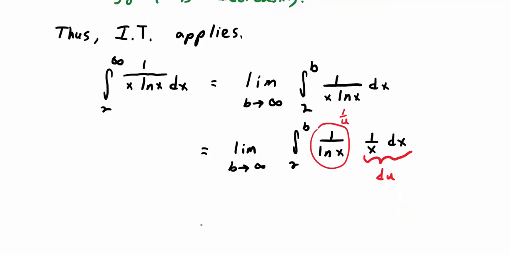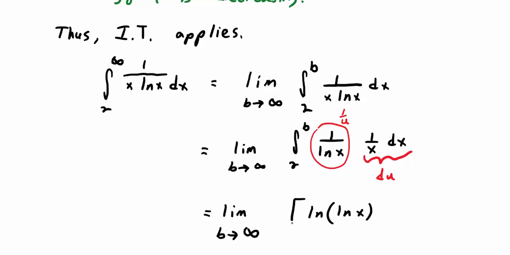So, oh, that's interesting. So what do we get when we integrate 1 over u du? Natural log of u, but u is the natural log of x. So what do we get? The natural log of the natural log of x. That's the antiderivative. Let me put in all the other stuff. Isn't that fun?